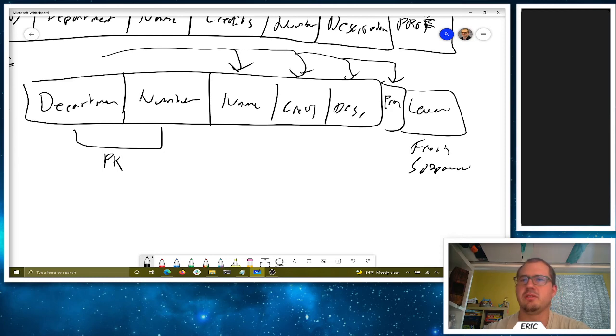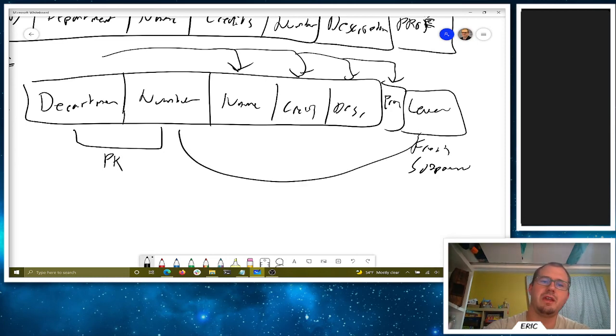The course level is not going to depend on the department. A course level would only depend on the course number. Right? So all 100 or all 1,000 level courses are freshman courses. All 2,000 level courses are sophomore level courses. That sort of thing. So that would be a partial dependency because this attribute only depends on part of the primary key.